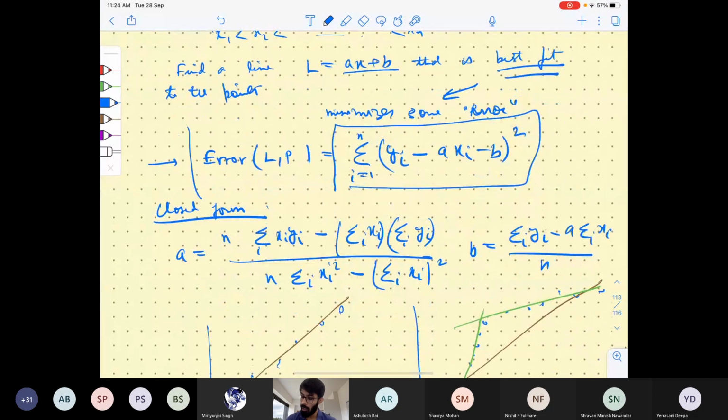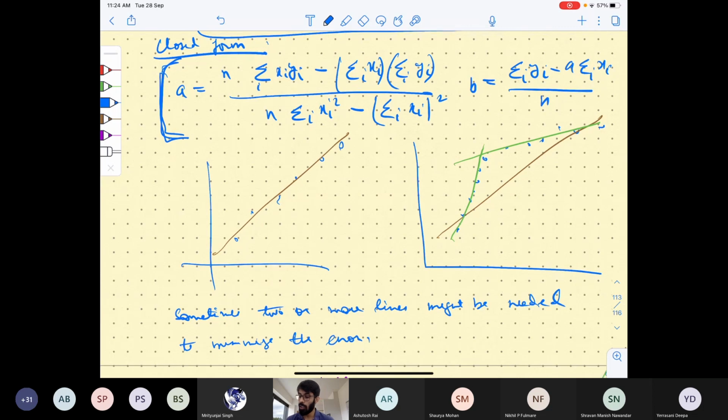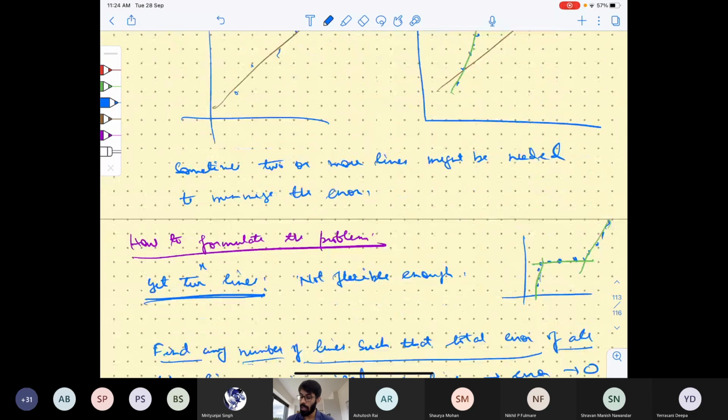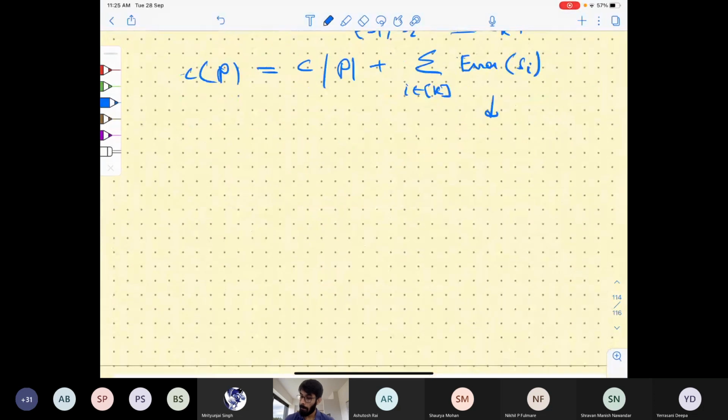Where is this formula? Error of L comma P. So you find the closed form for that particular segment, and you see what is the minimum error for that. So you find the line using this formula, you get the closed form, and then you find the error for that.